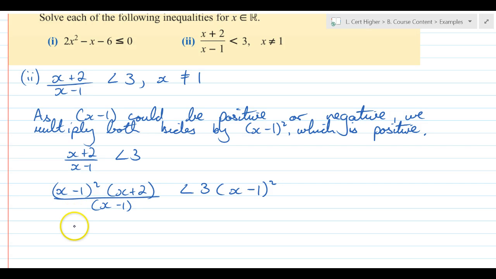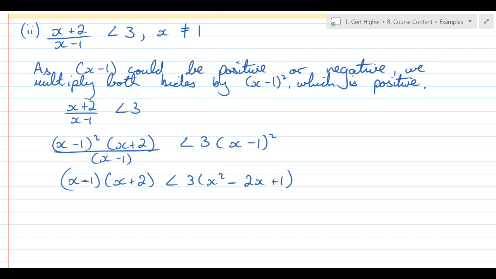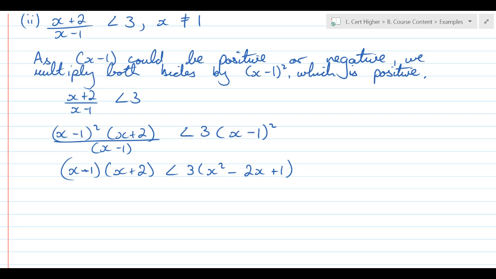So I'm left with x minus 1 times x plus 2 less than 3 times, let's expand this, it's a perfect square: x squared, twice the first term by the second, 2 by x by minus 1 is minus 2x, and square the last term, plus 1. Multiplying out the left hand side, I get x squared plus x minus 2 is less than 3x squared minus 6x plus 3.